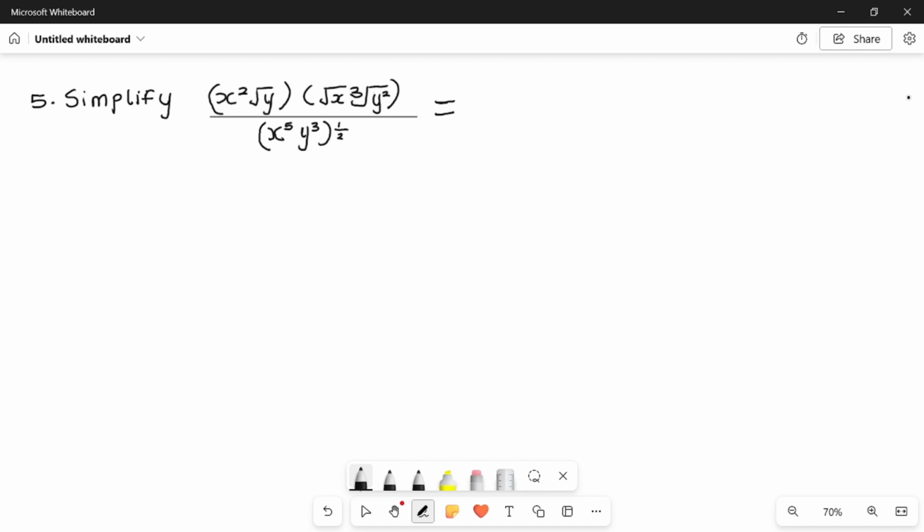So we'll write it in index form using our knowledge of the laws of indices, so that they'll all be in the form of their powers. We'll have x squared.